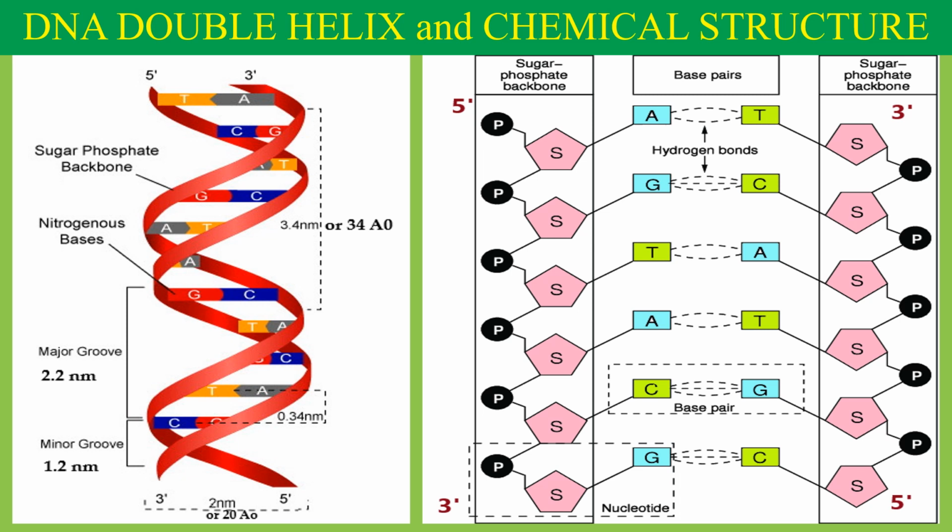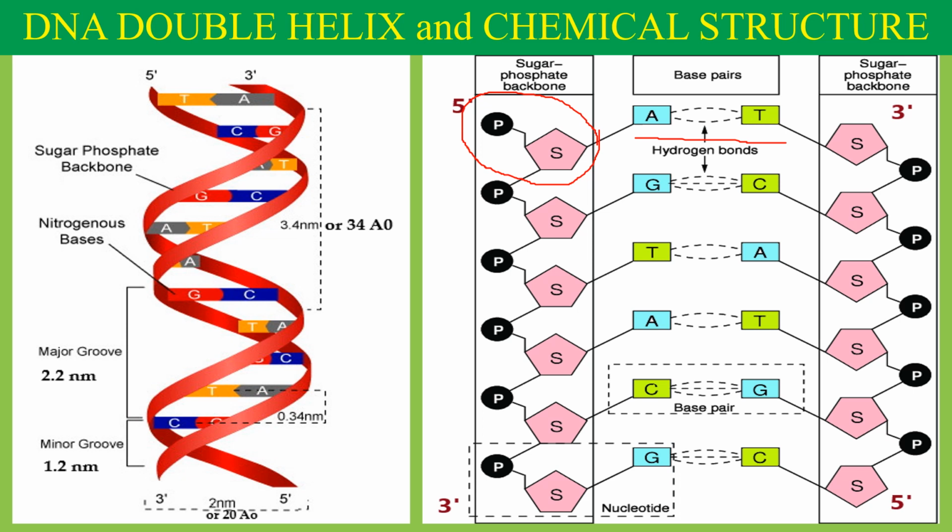Those points are helpful for your competitive examinations. As you know, the backbone of DNA is formed of pentose sugar and phosphate, and inside it consists of nitrogen bases. Hence, the DNA looks like a ladder.